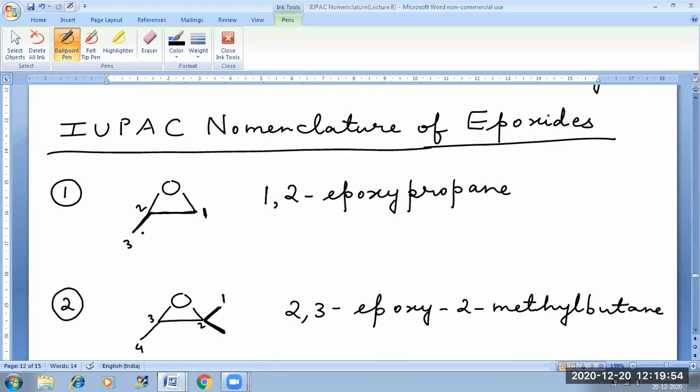Now 1 and 2 indicate the positions. So 1,2-epoxypropane. So 1 and 2 are the positions of the carbon atoms to which the oxygen atom is directly bonded.